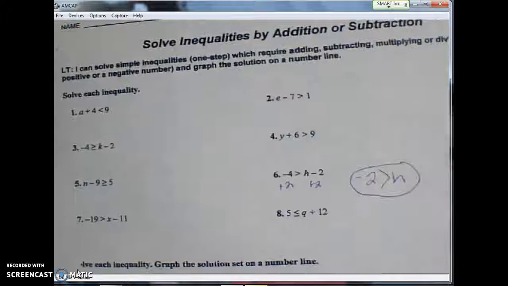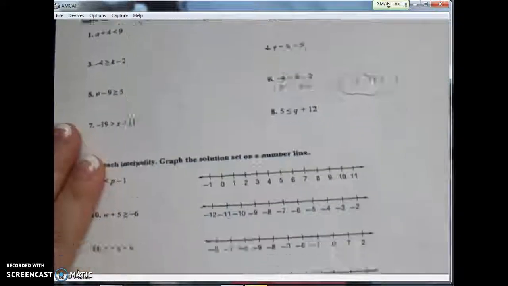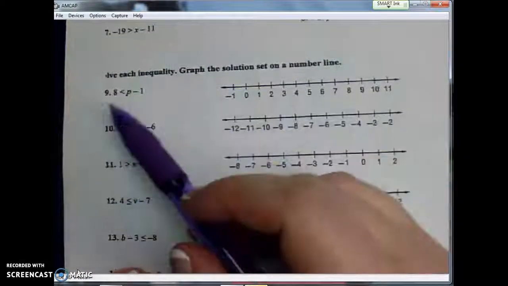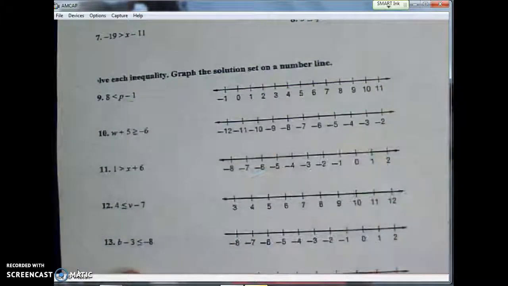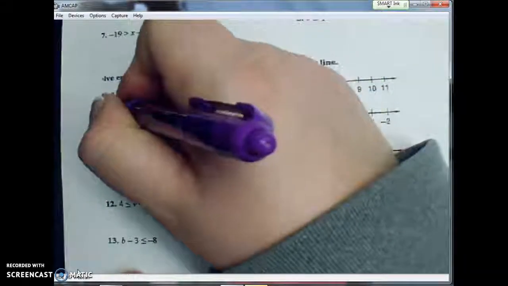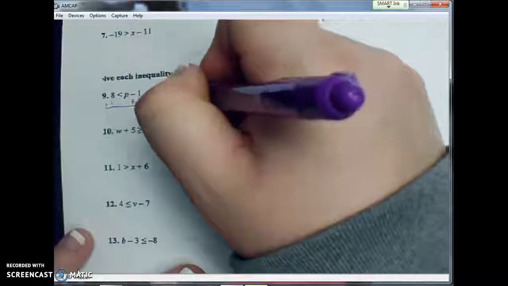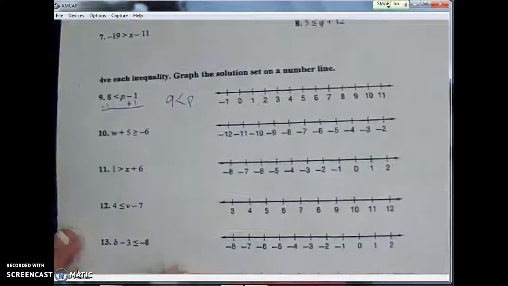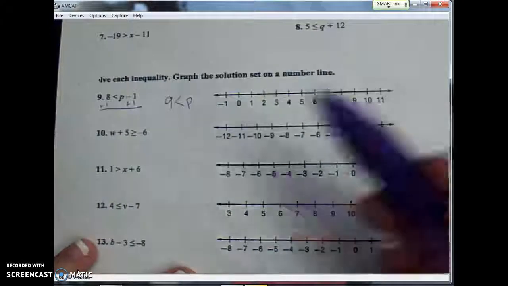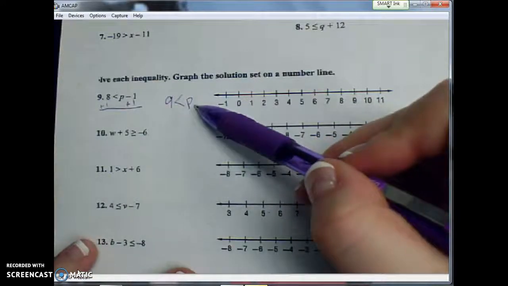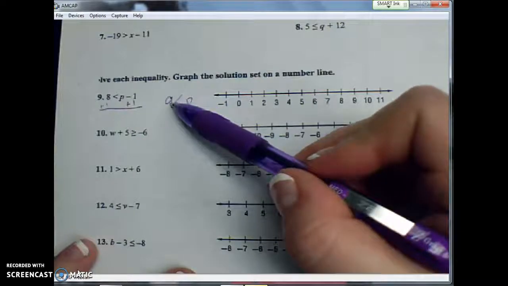I want to come down here on these down here, we have 8 is less than p minus 1. So I'm going to add 1 to both sides. So I get 9 is less than p. So if I were to read that the other way, p is greater than 9.